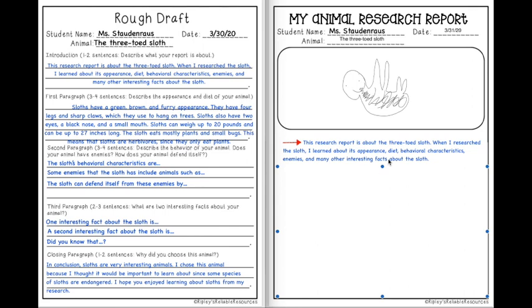I could also add a little bit more detail. I could add maybe a transition word if we remember that. I could maybe add some more adjectives, right? I could say sloths are green, brown, furry, and fuzzy. Okay, I could add just a little bit more to make it my really, really best work.